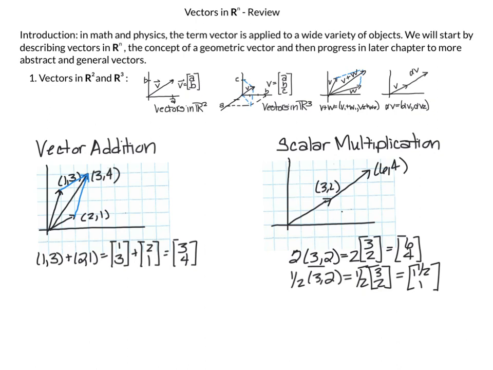That would be the vector somewhere here around (1 and 1/2, 1). So it would just be this much, or half the length of the vector (3, 2). That's also why they call it scalar multiplication, because you're basically scaling the vector. You can make it longer, you can make it shorter. So when you multiply by a scalar, you're scaling your vector.